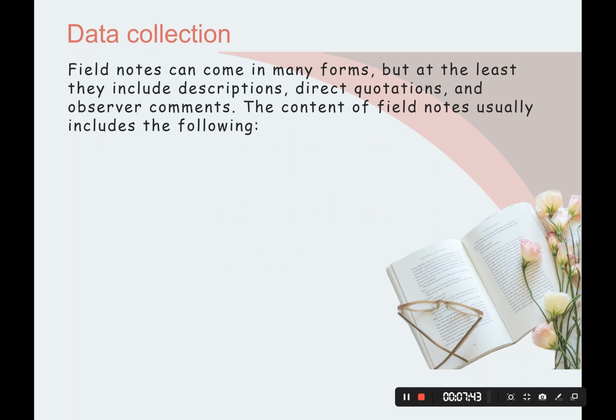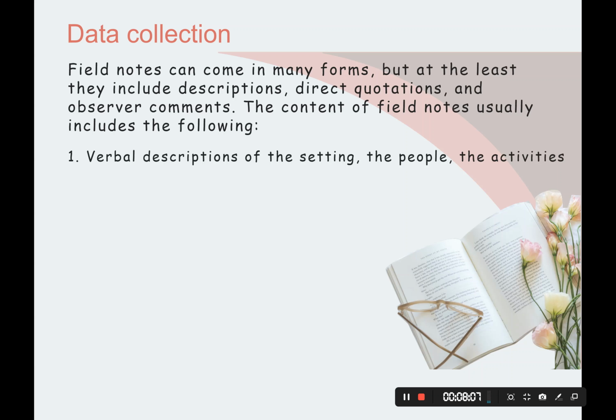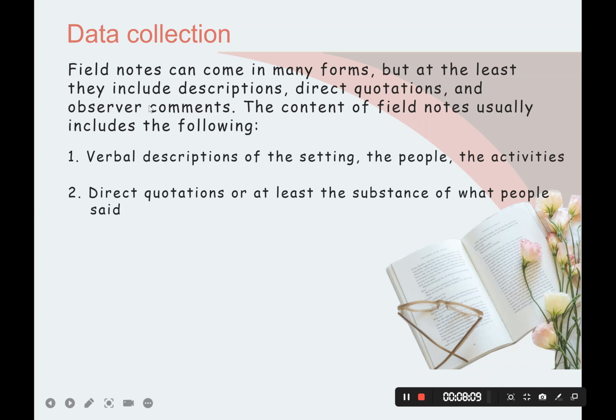Then, a very important tool for taking notes is called field notes. And field notes can come in many forms. But at the least, they include descriptions, direct quotations, and observer comments. The content of the field notes usually includes the following points.